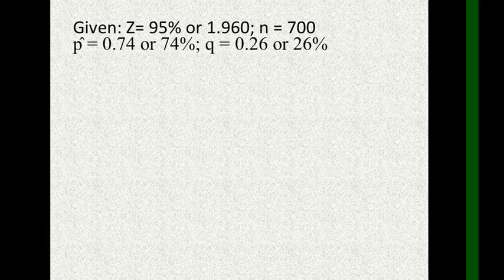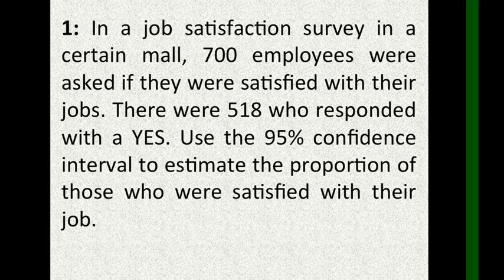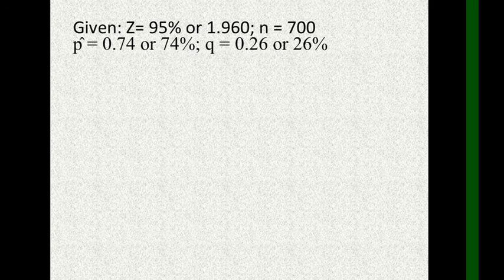Maybe some of you are asking, where did I get 0.74? Alright, let's go back with the problem. There were 518 who said yes. Okay? In our previous lesson, previous video, I already discussed how to get the proportion P. But here I will again discuss it for you. So we have P equals a formula x over n.